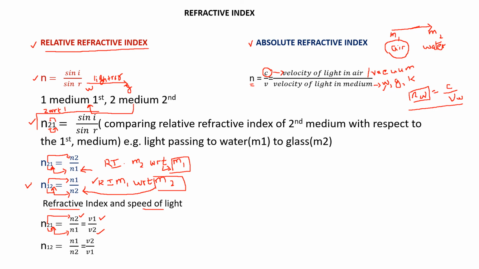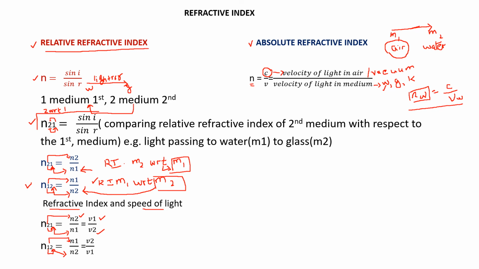Very simple, right? Here also you are writing refractive index of medium 1 with respect to 2. So 1 will come at the numerator, 2 will come at denominator. Clear? So when you compare the velocity, because you have written the refractive index of medium 1 here, you are going to write velocity of light in medium 2 upon velocity of light in medium 1.